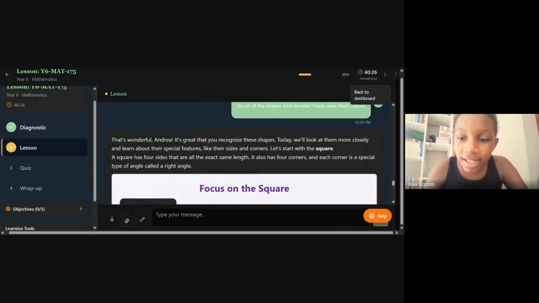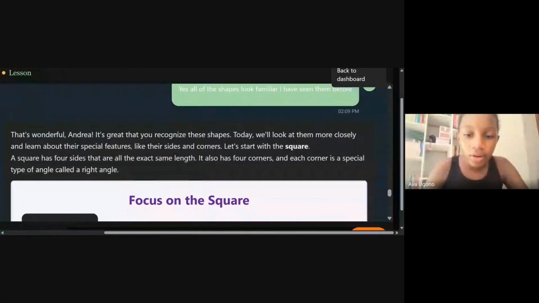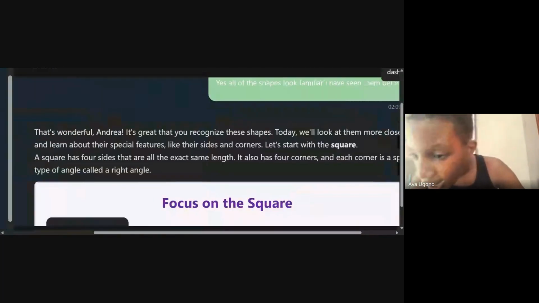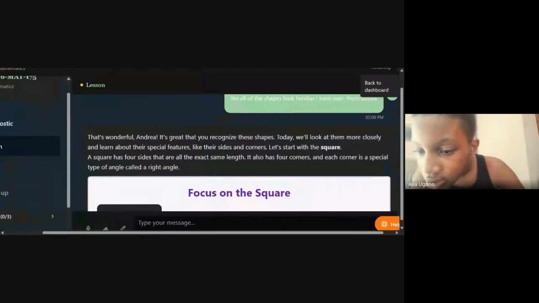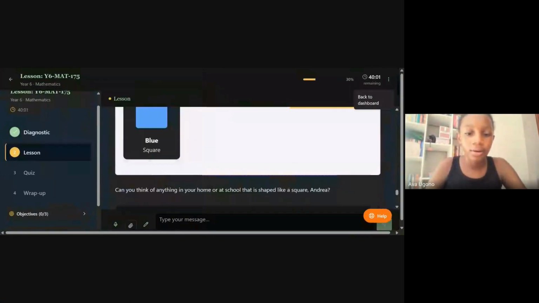Now it's explaining to me that we'll learn about different shapes and their special features like their sides and corners. So I'm starting with a square, and it says a square has four sides that are the exact same length. It also has four corners, and each corner is also a special type of angle called a right angle.